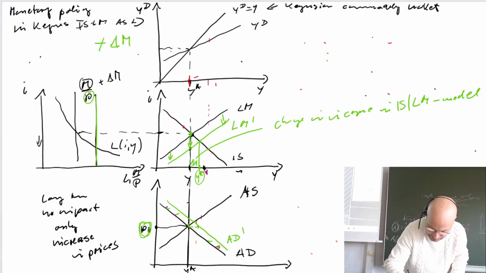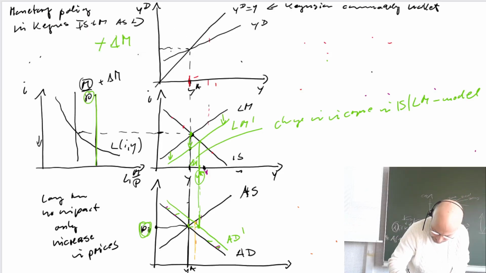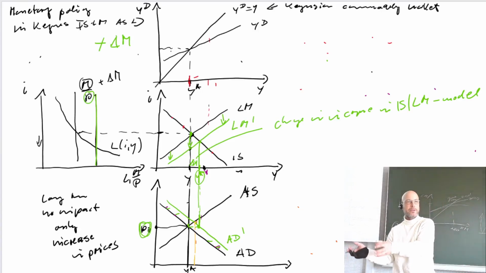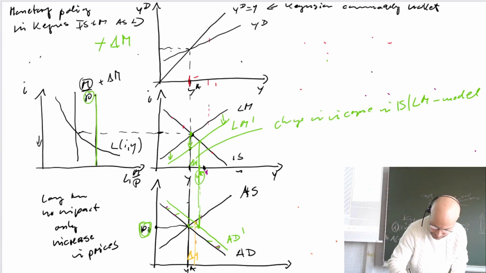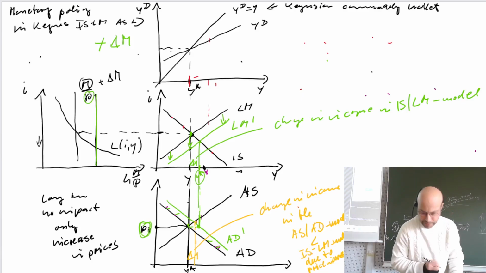But this now means, this is the right shift, that prices are increasing, so only this one here, a bit less due to the increase of prices, is delta Y, the change in income in the ASAD model, lower than in the ISLM model due to price increases.